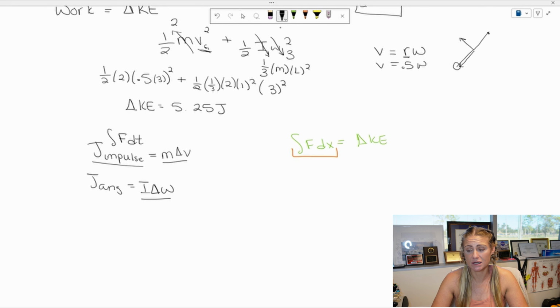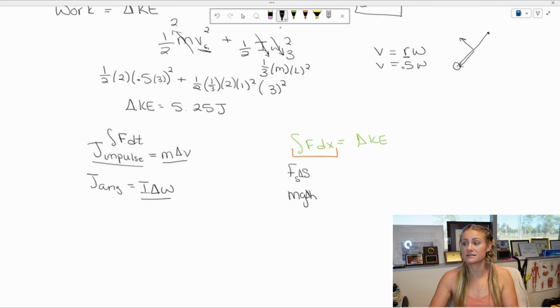We have a spring, which is definitely in terms of position, because its force will change depending on the distance. So that would be the force of a spring times the distance it's stretching. We also have weight, which is position related, because it's the change in height. And then you also have a friction force, but that's non-conservative. So I'm hoping that the way I'm doing it is making sense.